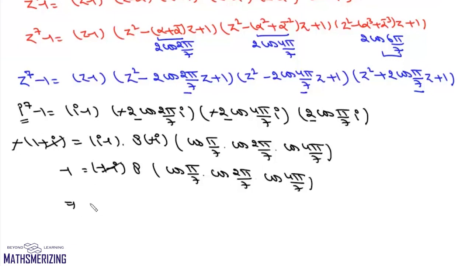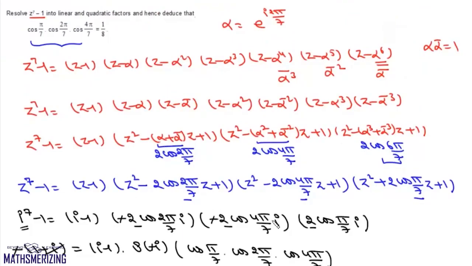So from here we can write the value of cos pi by 7 into cos 2 pi by 7 into cos 4 pi by 7. It is minus 1 by 8. So this result, cos pi by 7 into cos 2 pi by 7 into cos 4 pi by 7, should actually be minus 1 by 8.